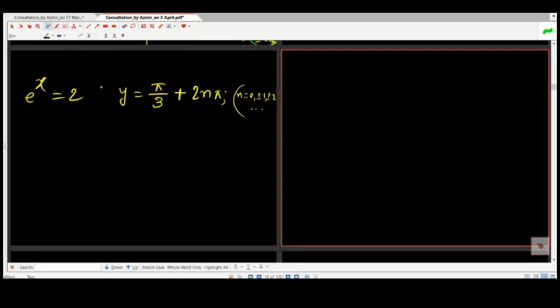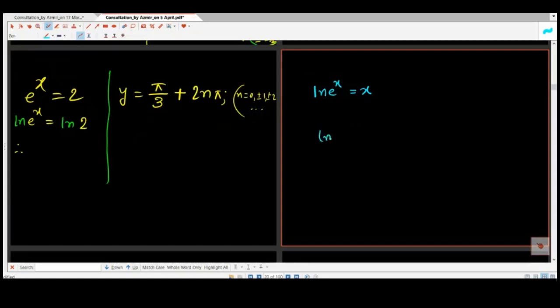For finding x, we can take natural log on both sides. So natural log of e to the x equals natural log of 2. We have to know one property, that natural log of e power x is equal to x. How can we find this?